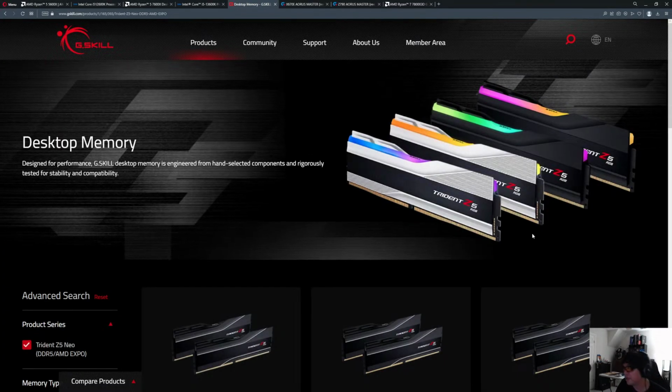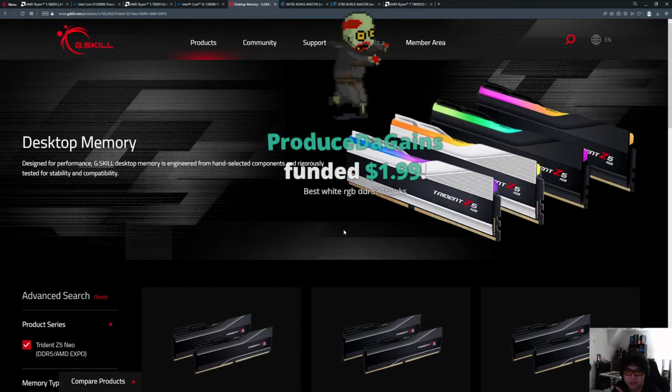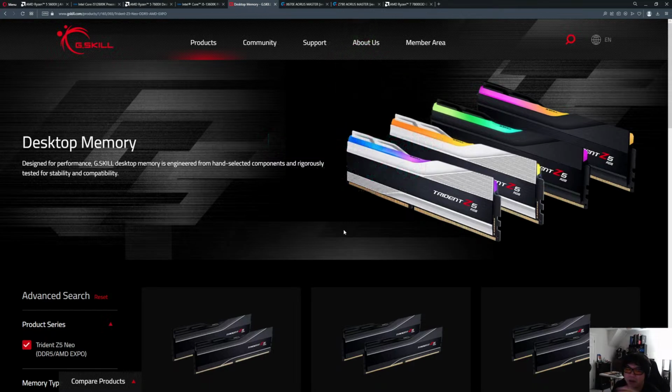I know TeamGroup has some good ones, and Corsair also has some good ones, but I like these. I've seen these in person. I don't have the white ones, but if I was doing a white build, I'd probably go with these, right next to the AIO. I think that would look good.